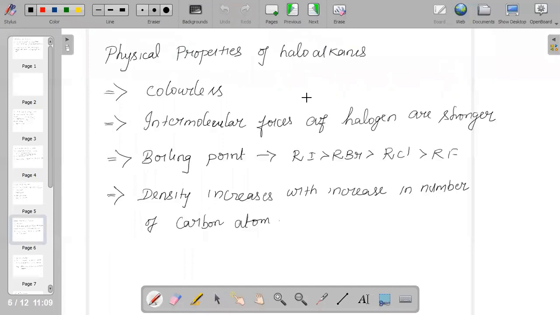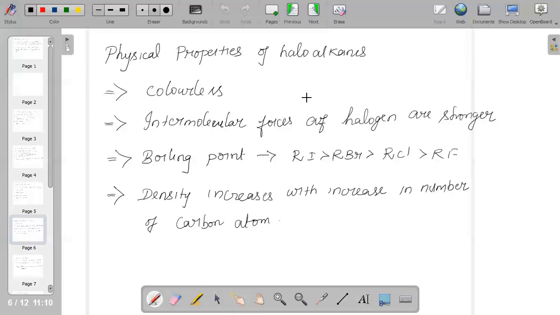Next, when we talk about the physical properties of alkyl halides, it is a well-known fact that they are colorless in pure state, but bromides and iodides gain color whenever they are exposed to light. And volatile halogen compounds have a sweet smell.